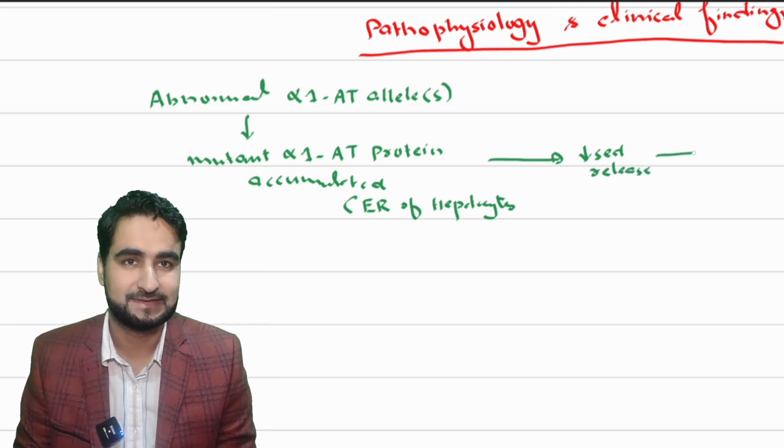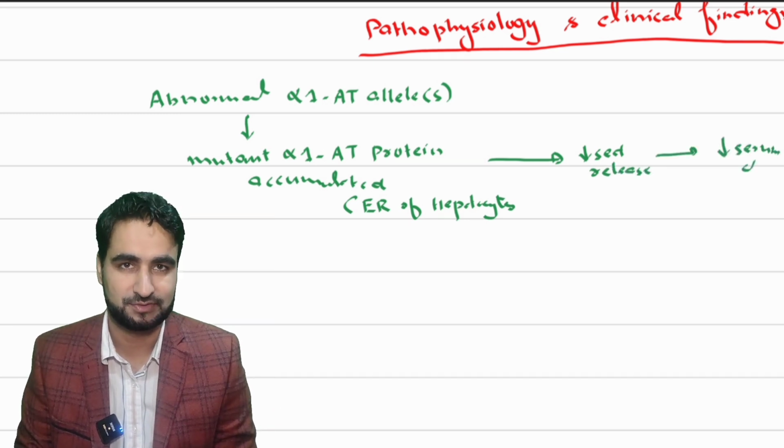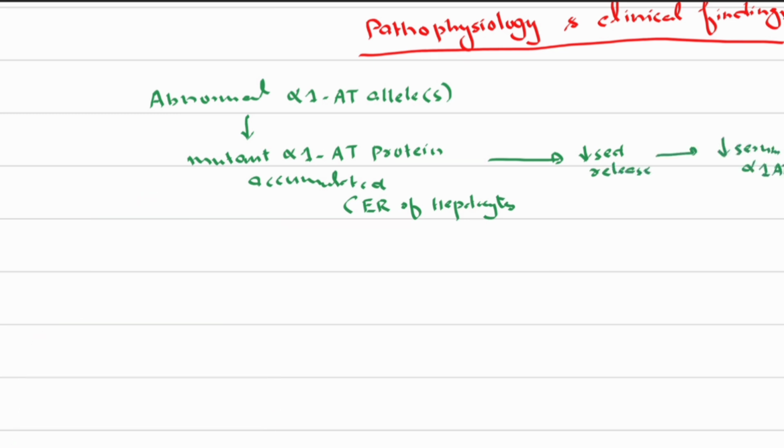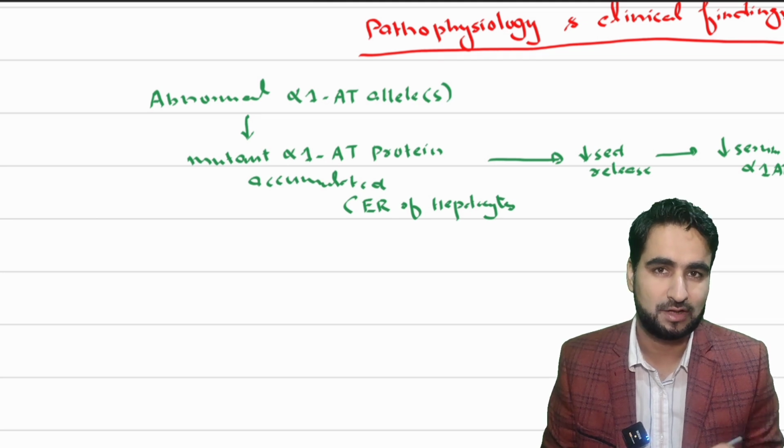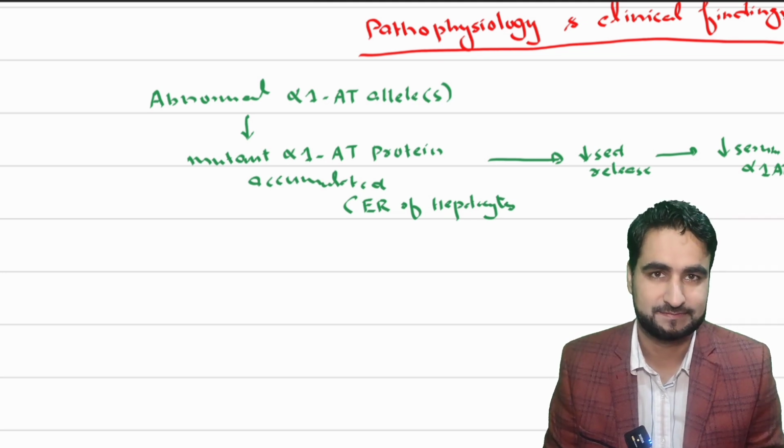So what happens, there is decreased inhibition of tissue proteases. It is more prominent in two organs, one is skin and the other is lungs.